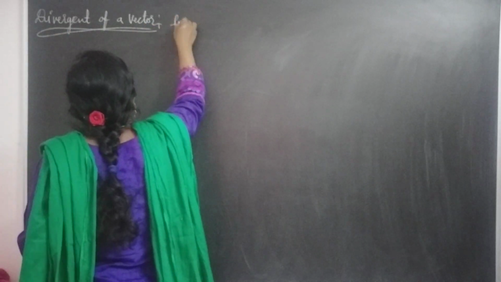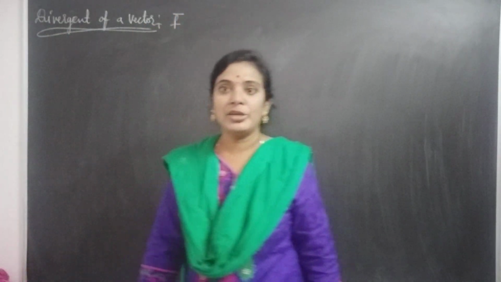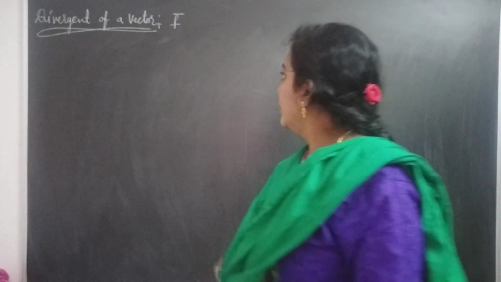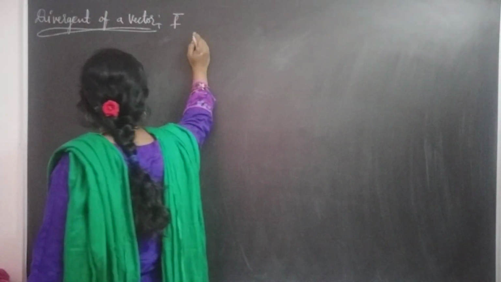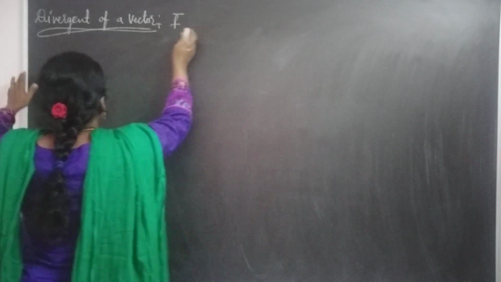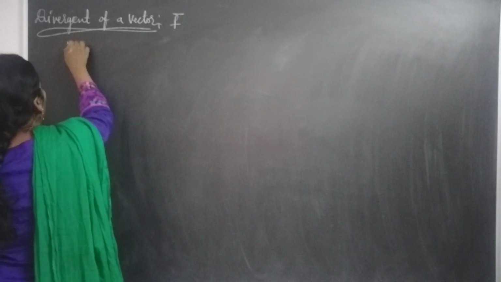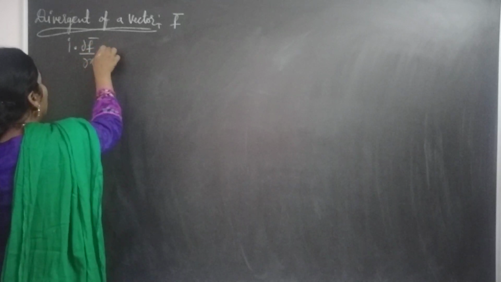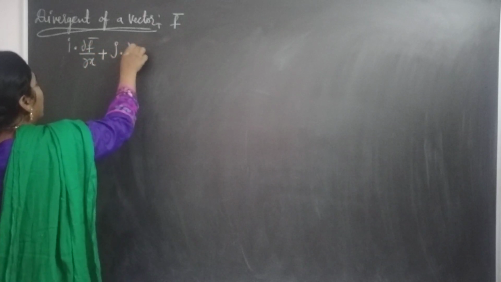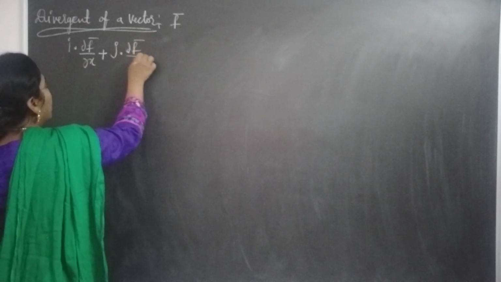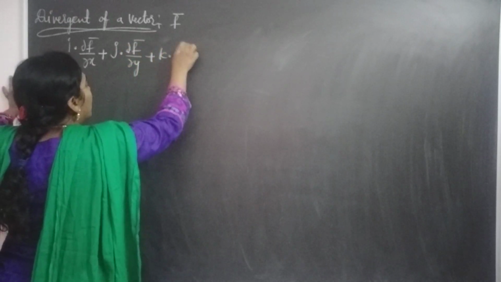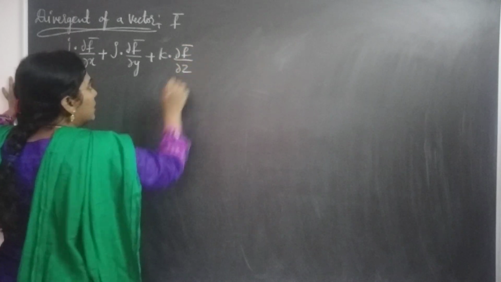Let f vector be a continuously differentiable vector point function, then the div f or del dot f vector can be defined by i dot dou f bar by dou x plus j dot dou f bar by dou y plus k dot dou f bar by dou z.